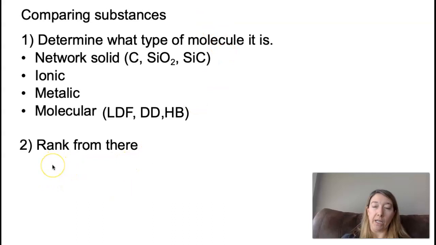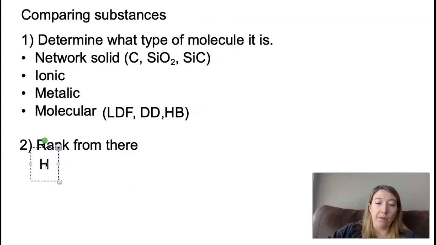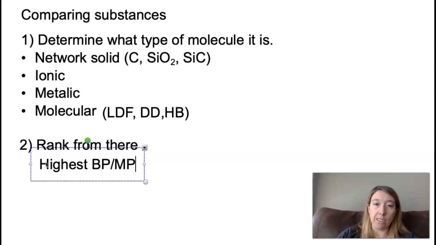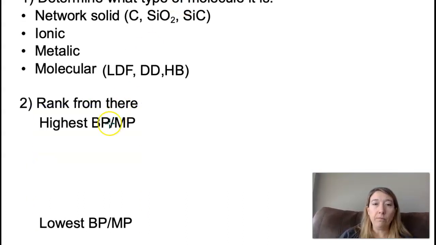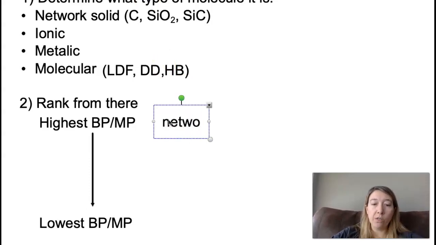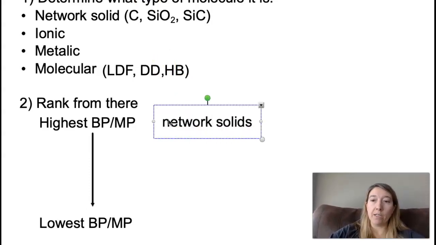When we're ranking, whether we go from highest boiling point or melting point, it really doesn't matter, all the way down to the lowest boiling or melting point. So we're going from highest to lowest. Our network solids are always going to be highest.